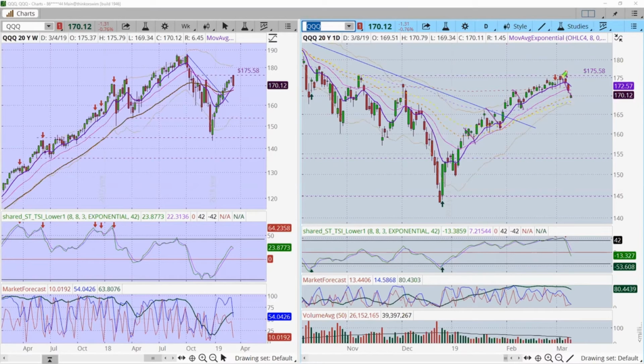So the symmetry of these two pullbacks, where you would pull back and then get a bounce, we may get a bounce, but this is still a larger pullback. Therefore, it could have some more bearish overtones. Now, I'm not saying we're going to run for the hills, but it could have some more bearish overtones.